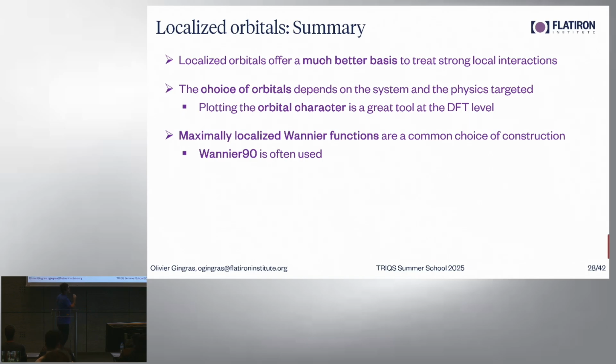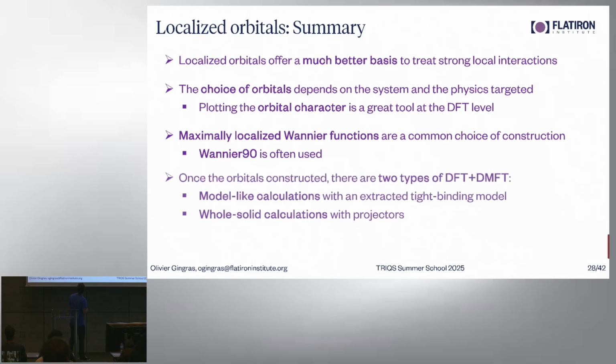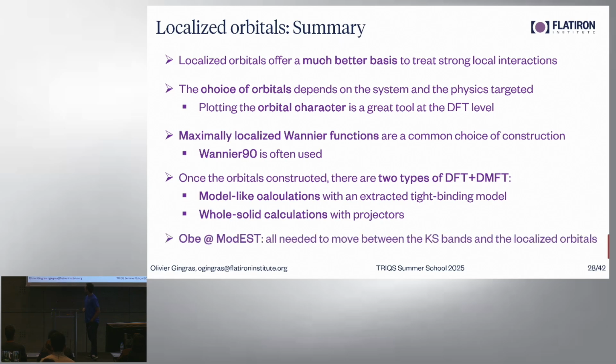This is typically obtained by using Wannier90. Once you have your orbitals constructed, there are 2 types of DMFT. Either you just use the orbitals to extract an effective tight-binding model and do DMFT on the DFT-extracted model, or you do whole solid calculations using the projectors that you constructed based on the Wannier functions. And the last point is that the one-body element in Modest contains all the information you need to do these steps.